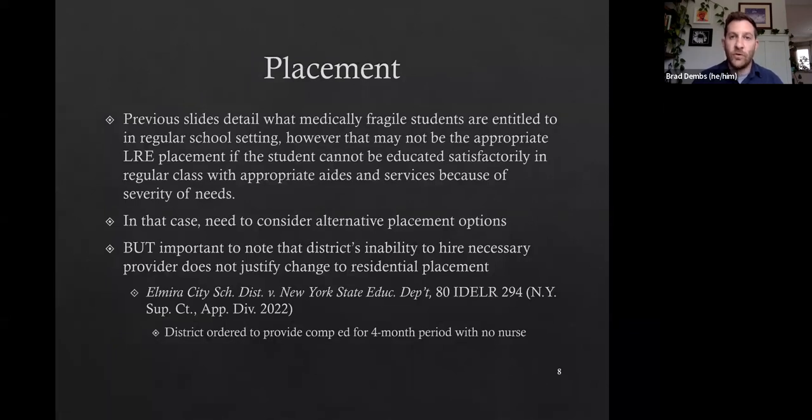Medically fragile children may need alternative placements in the event that a placement in a regular school setting can't provide them with the support that they need. And this should be a conversation between the school and the parents. Parents should consider what their goals are for their child and what's appropriate for their child. Right.